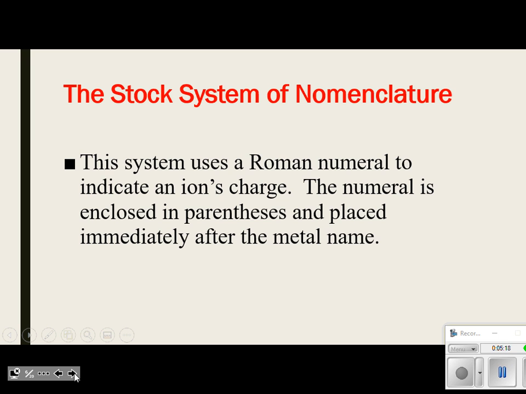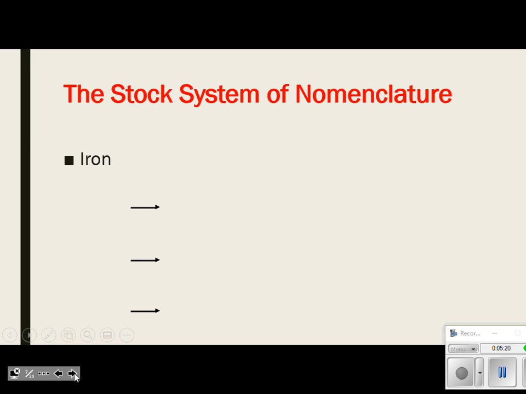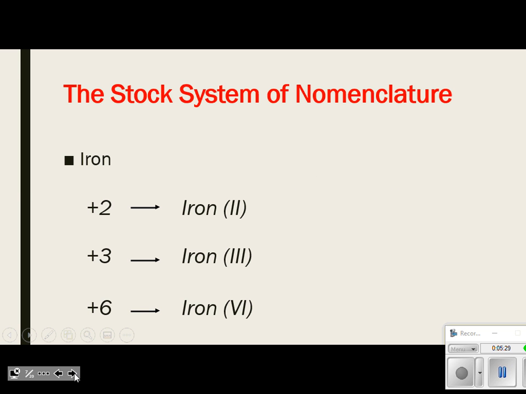The ion's charge would be 4 plus. Iron 2, iron 3, iron 4, or excuse me, iron 6. All right, VI, 5 and 1, 6. So those Roman numerals in the parentheses are what we call the stock system of nomenclature.